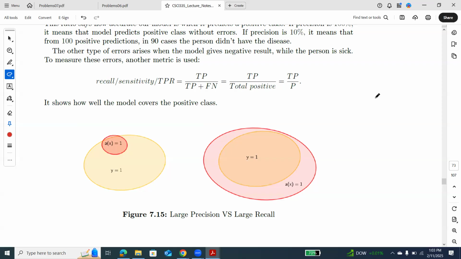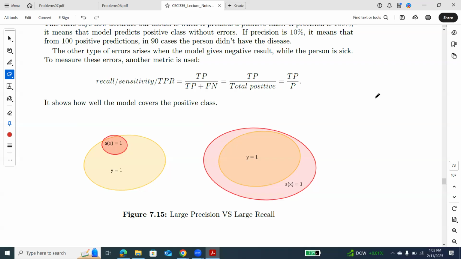That's why we use two metrics. The other metric is precision. I don't have the formula here, but it's the number of true positives divided by the number of positive predictions of our model. So in the first case, what will be the precision?